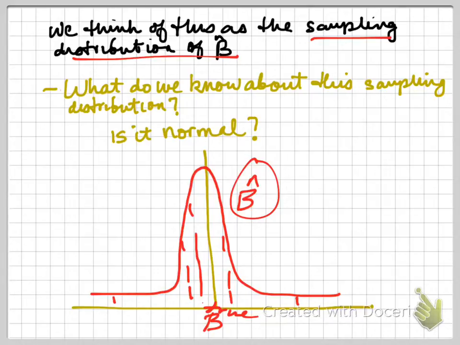And we'd also like to know whether the distribution is a normal distribution, because that will enable us to easily make inferences about the probability of any given beta hat that we draw being more or less close to what we think of as our hypothesis of the true beta.